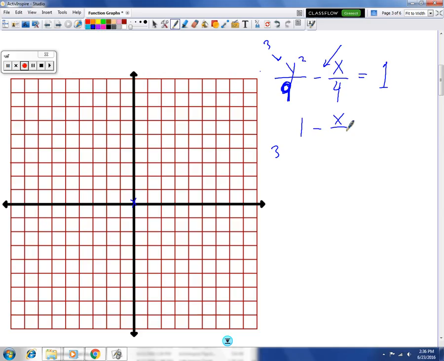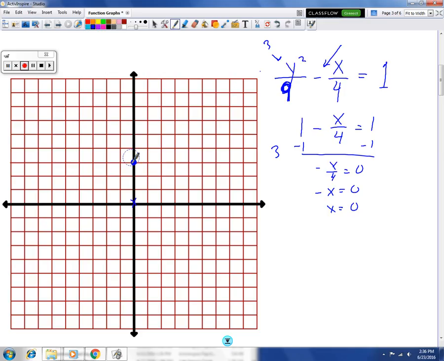I have 1 minus x squared over 4 equal 1. I'd subtract 1 from both sides. I get negative x squared over 4 equals 0. Multiply by 4, and divide by negative 1. So yeah, I'm okay. I'm going to put a dot right here at 0, 3.